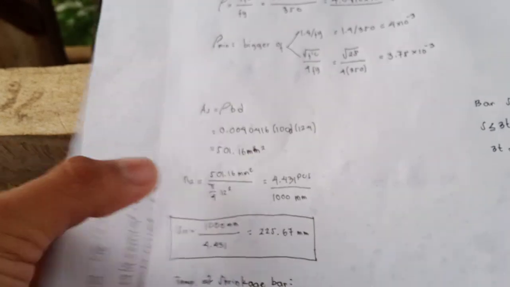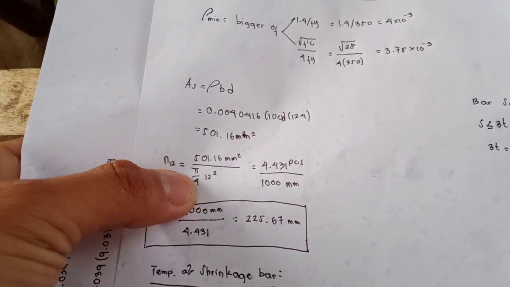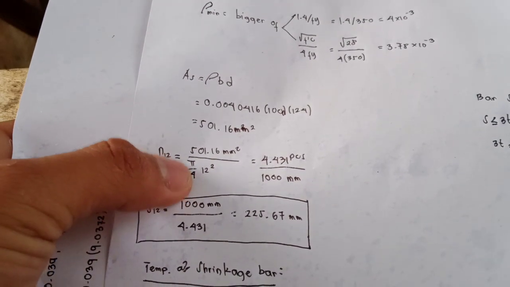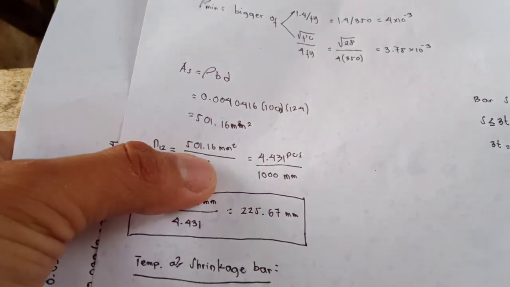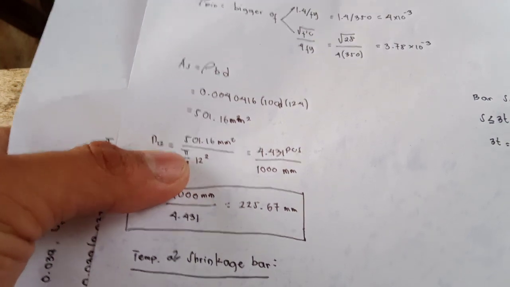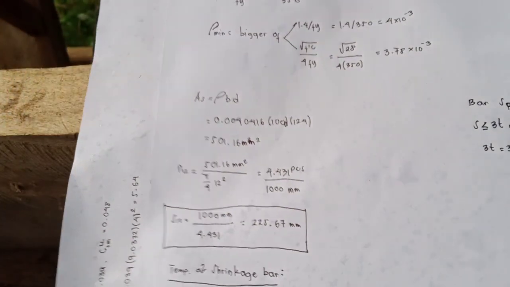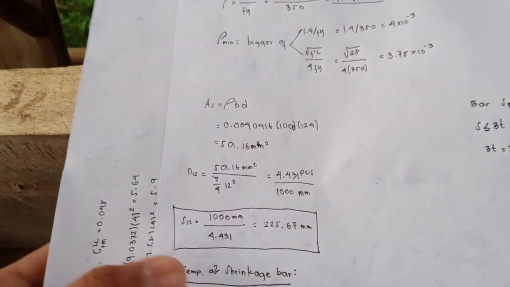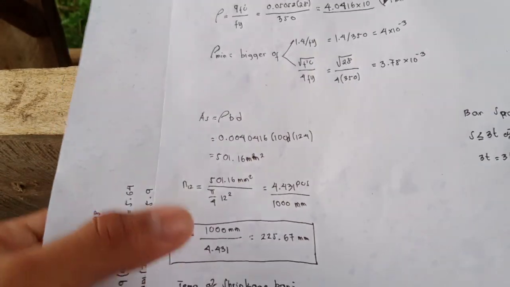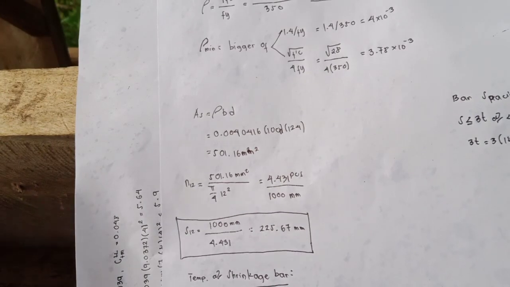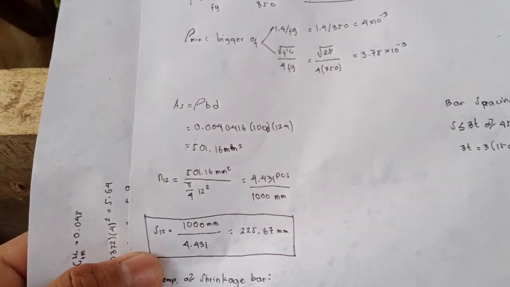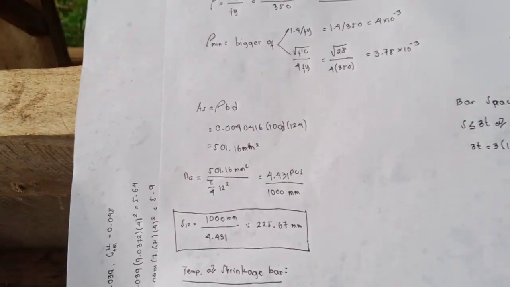It has pi over 4 times 12 squared, which equals 4.431 pieces per 1000 millimeters. Now, since it is not limited to 1 meter, we can convert this to spacing.